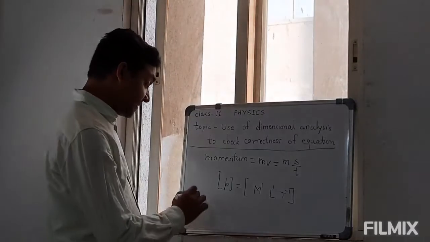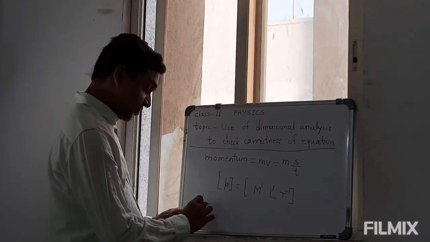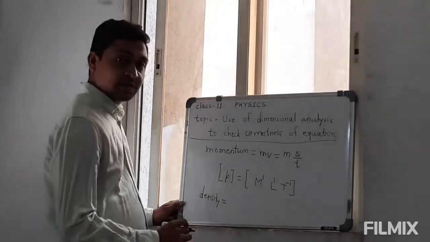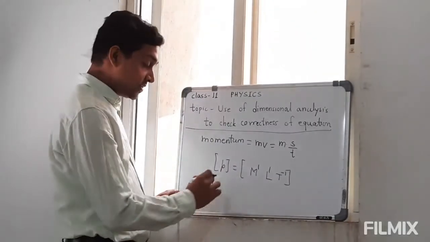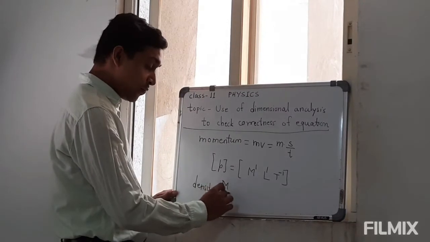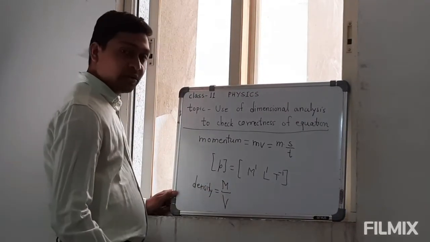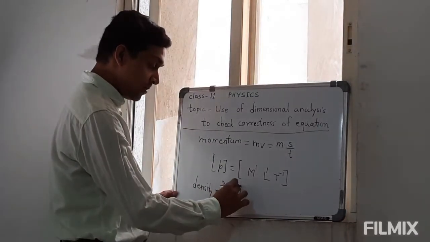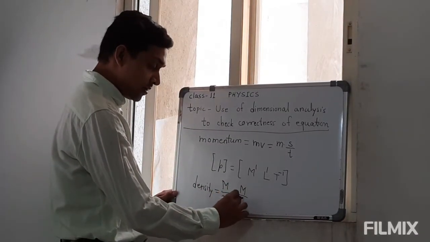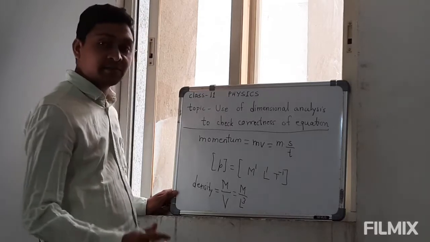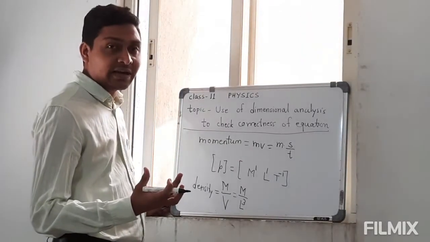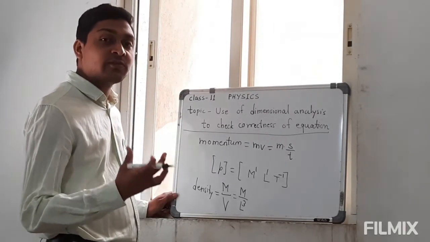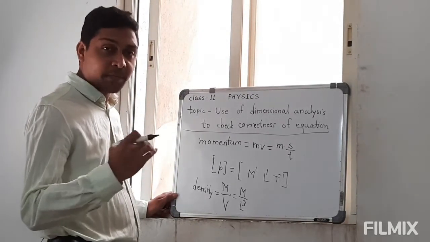One more quantity we can take is density. If you want to find dimensions for the density, what is the formula for density? It is mass by volume. How can we write the volume of a cube? It will be L cube. If you take the volume of other shapes, like a sphere, the volume is 4 by 3 pi r cube.